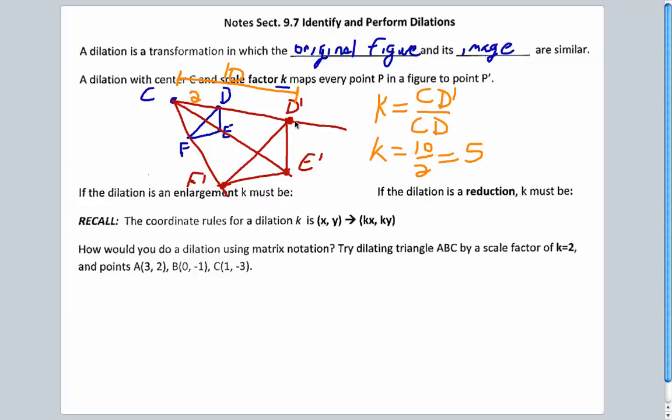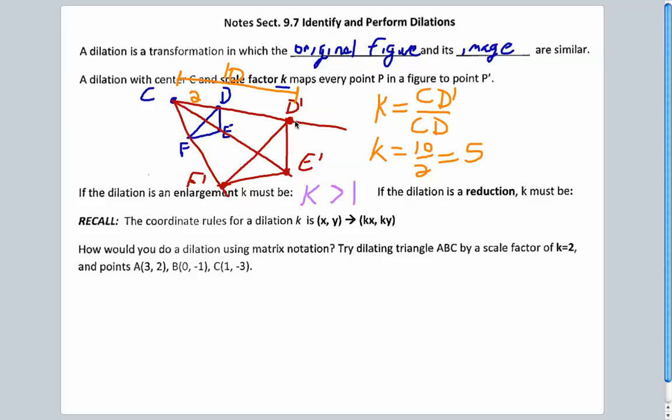Now, a dilation can be an enlargement or a reduction, and if a dilation is an enlargement, then K must be greater than 1. Okay, so like in our example up there, K was 5, so we were blowing the triangle up. In a reduction, K must be between 0 and 1.